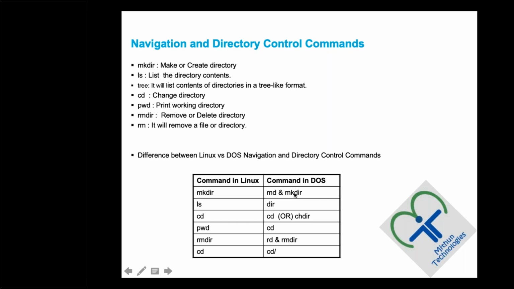So in the Windows machine, if you want to create a directory through commands, you can use md or mkdir. I have created the comparison table just for the first slide. In a Windows machine you have the GUI to create directories, and you can also create them using these DOS commands.